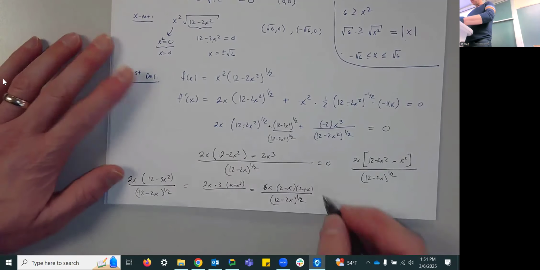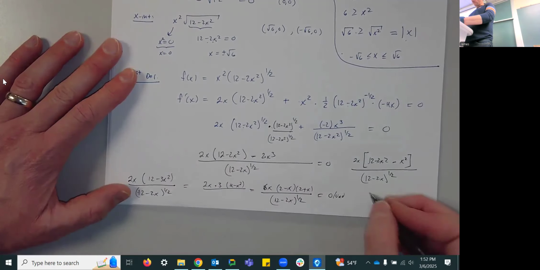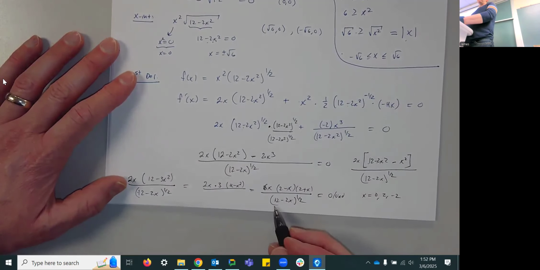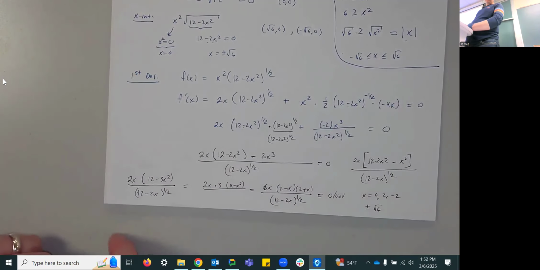Finally, setting that equal to 0 or undefined, we get critical points x equal to 0, positive 2, negative 2, and also the things that make the denominator 0, which are plus or minus root 6. But plus or minus root 6 is the end of our domain, so we'll check that out when we draw the number line in a second.